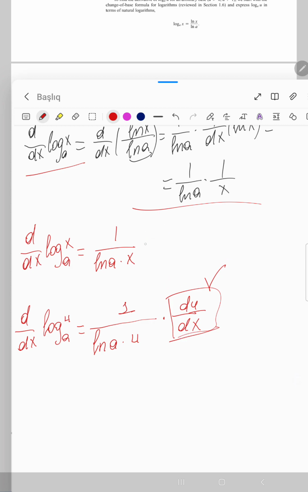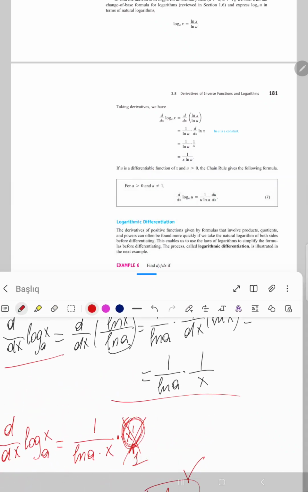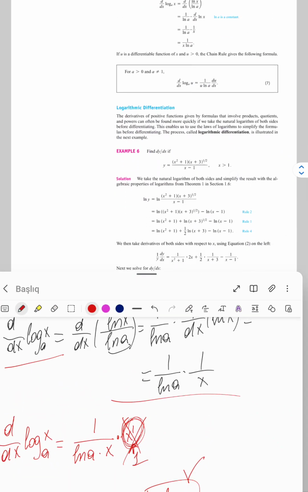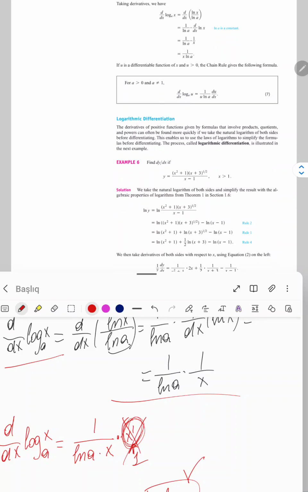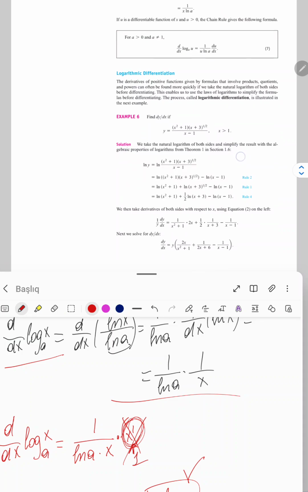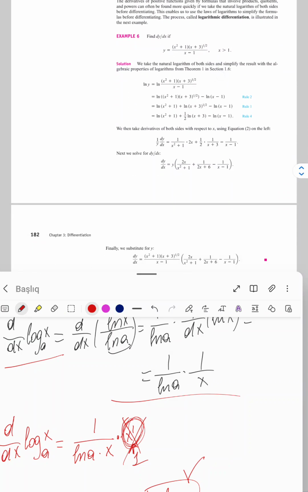Because the derivative of x is 1, yes? That's why. Actually, there is a derivative of x in here, but as it's 1, we don't write it because it's meaningless. Okay, here also inside the box you can see it, and of course a is different than 1.